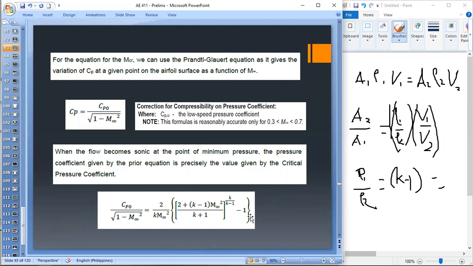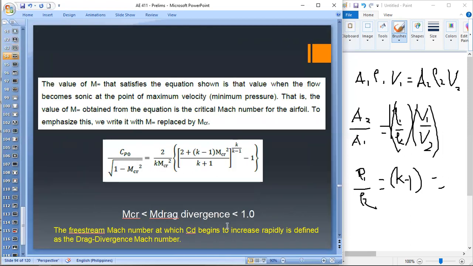Ako din, tatry ko siyang i-solve, from equating mo siya sa Mach number. Galing siya sa relationship ng thermodynamics, thermodynamic relations from our Mach number. Dyan lang siya na-equate. Okay?